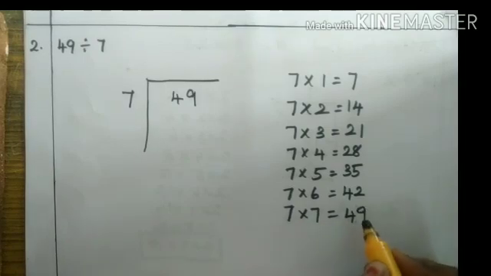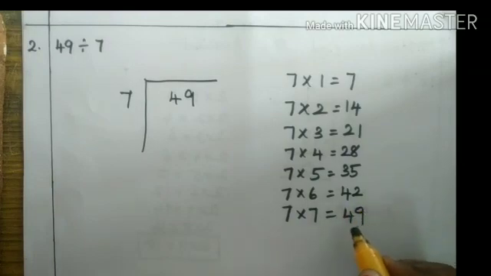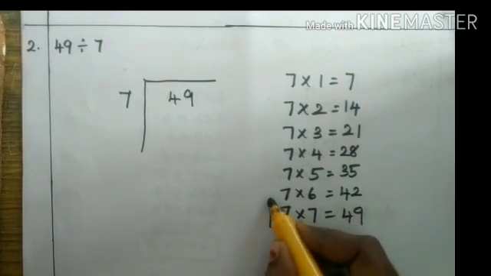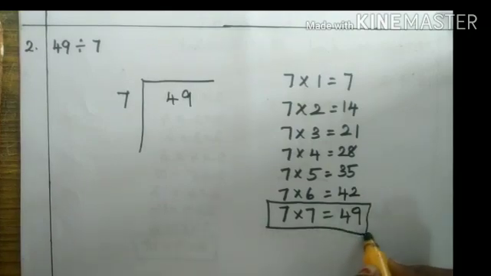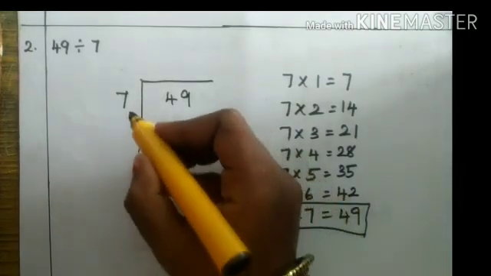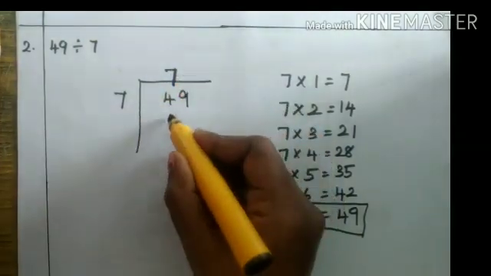You have to stop here because you got the number 49 here. So, 7 sevens are 49.